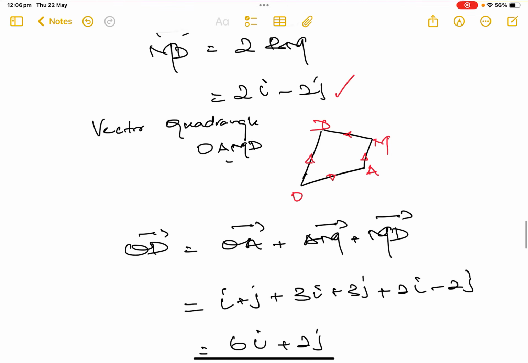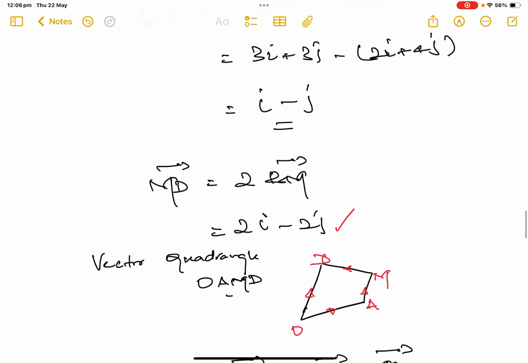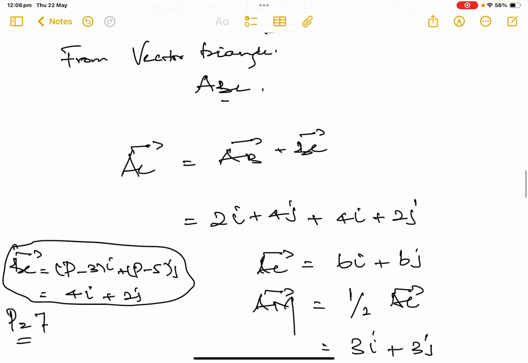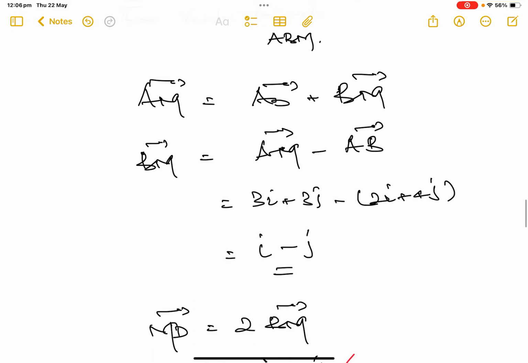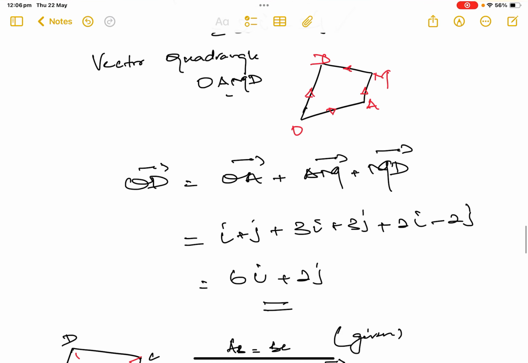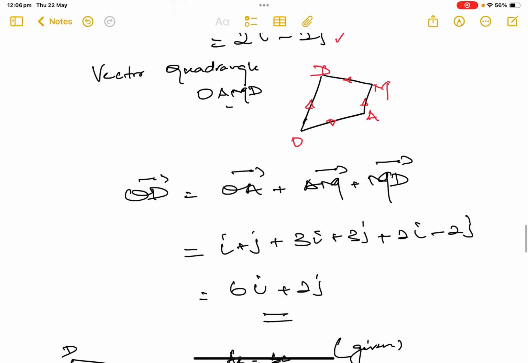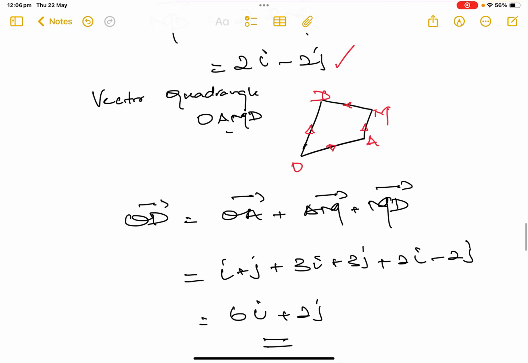We need to find OD. We need to sketch the vector quadrilateral OAMD. OD equals OA plus AM plus MD.